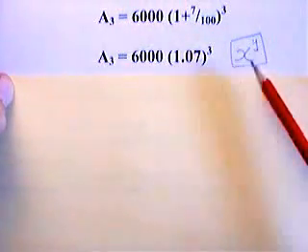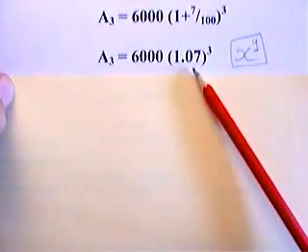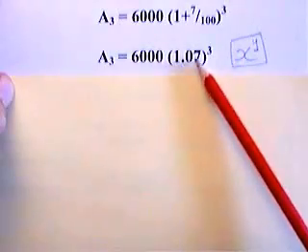Now this little bit here I've written in pencil is to remind you of how useful the power button is on your calculator. Now you could, if you were unsure how to use this power button, put 1.07 times 1.07 times 1.07 to get 1.07 to the power of 3.